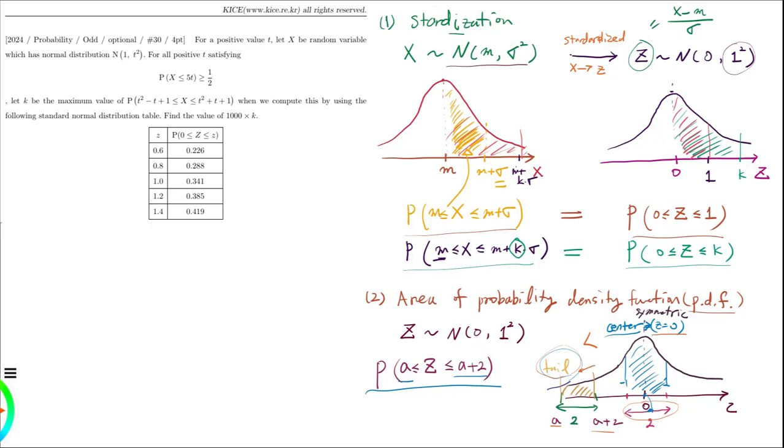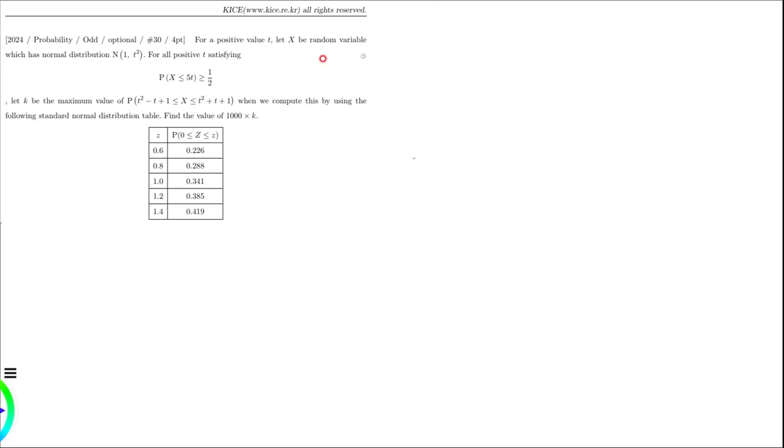Let's go to the specific problem here. For the positive t value having this property, we need to standardize the random variable x to z. Here z is equal to x minus its mean value 1, over sigma, which is t here.